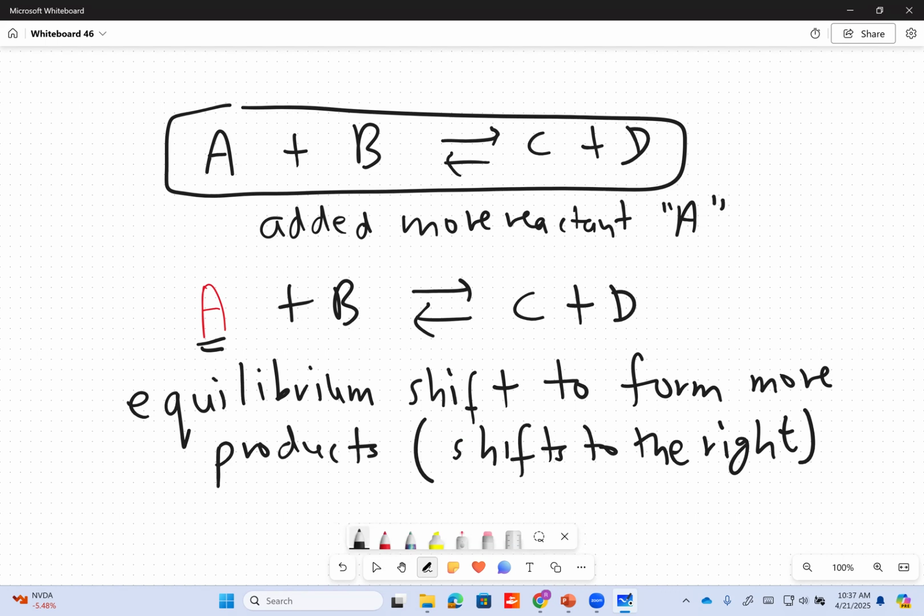After the equilibrium shifts to the right, you form more products and the system will re-establish equilibrium. Keep in mind the equilibrium constant K does not change for this reaction, even though you added extra A to the reaction at equilibrium.